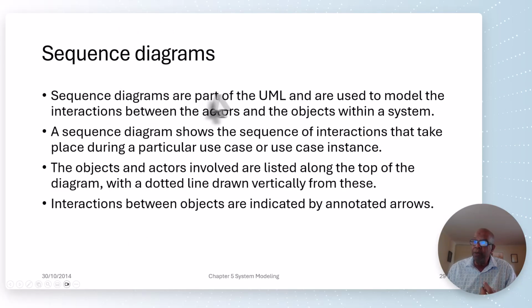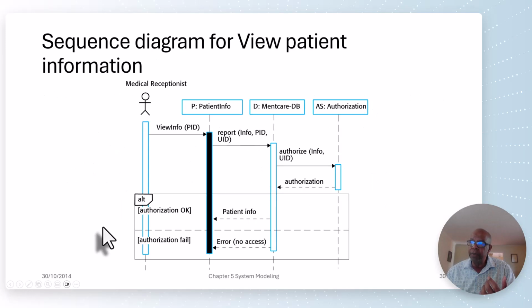Sequence diagrams are part of the Unified Modeling Language and are used to model the interactions between the roles or users and the system. A sequence diagram shows the sequence of interactions that take place. Interactions between objects are indicated by annotated arrows. So here's an example of a sequence diagram. Okay, so you see here we have the role, and we have that role interfacing with the system.